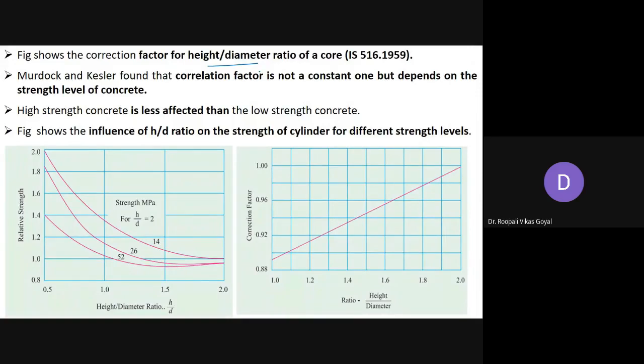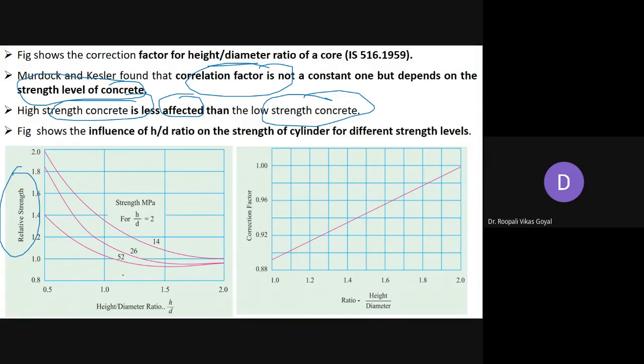This correction factor is not constant, okay, but it differs at different strength levels of concrete. And from observations and experiments, it is shown that high strength concrete is less affected than low strength concrete. So just try to understand using this graph. It is the relative strength, and this is the height to diameter ratio. And here this is 52, it is a high strength concrete. That's 14, it is low strength concrete.